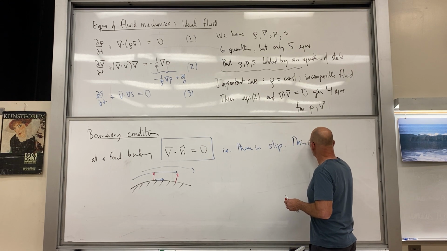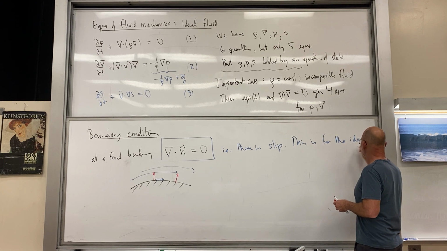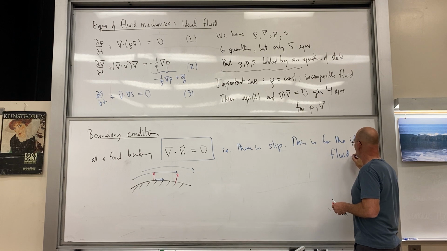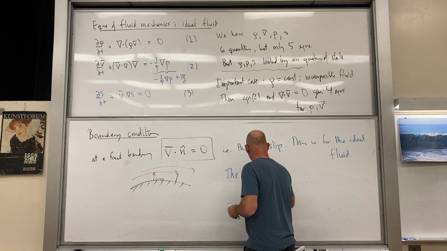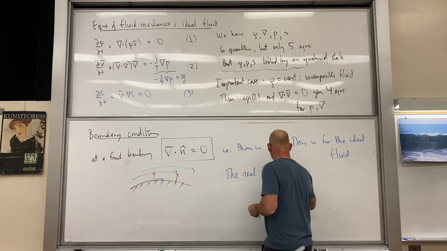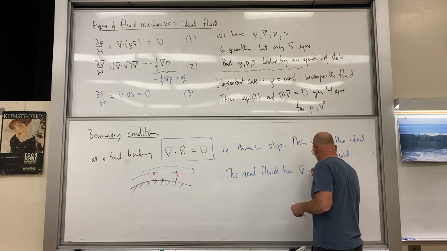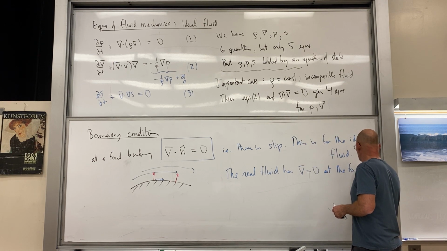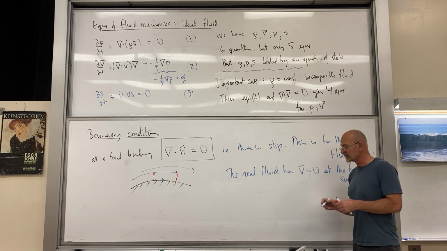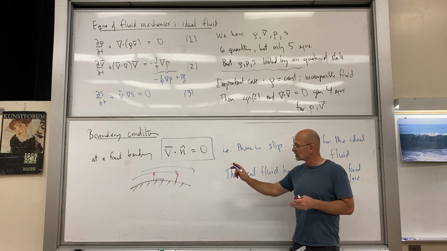So let's note that this is for the ideal fluid. The real fluid has V equals 0 at the fixed surface. That's different, and that means that the perpendicular and the parallel components vanish.